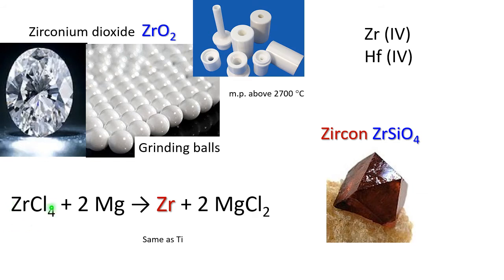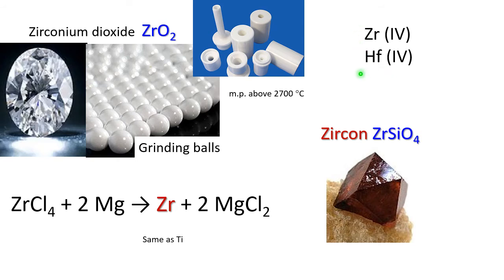Zirconium can be converted to chloride and then reduced with magnesium to make zirconium metal, exactly the same as titanium. Same is true for hafnium. For nuclear energy application, it is very important to have zirconium free from hafnium.